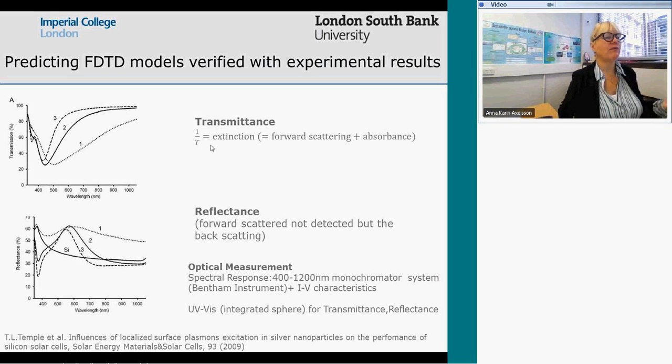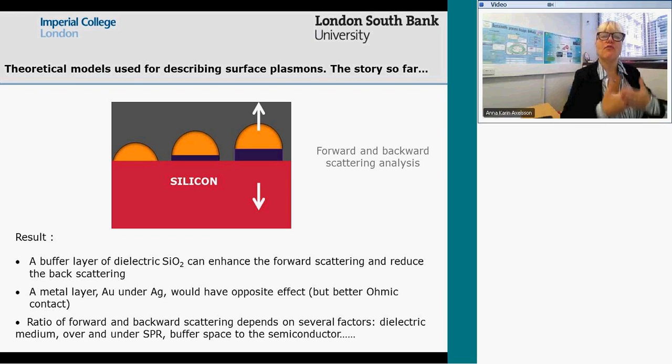They are different because we can then extract different information. For example, from the transmission we get the information on how much is forward scattered and how much is absorbed, and also the reflectance, we can then say, sorry, this should be the other way round, this should be what is the back scattering but not forward scattering. So it's confirming our model. We work very close to experimental results and with the theoretical models.